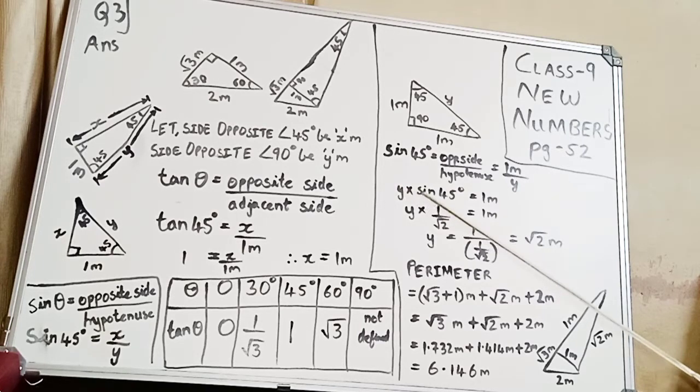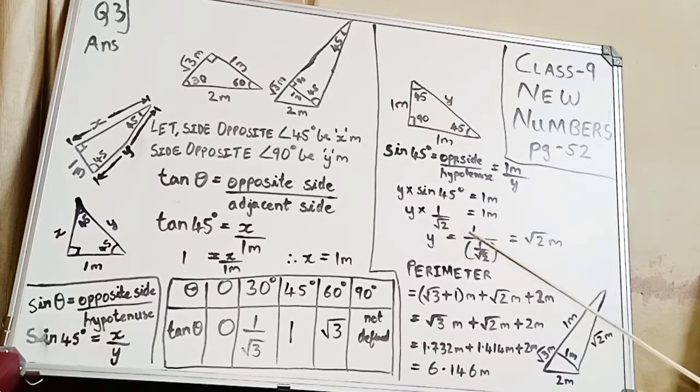That is why Y into sine 45 is equal to 1 meter. Now in the previous table we had learned by heart that sine 45 is equal to 1 by root 2. So Y into 1 by root 2 is equal to 1 meter.